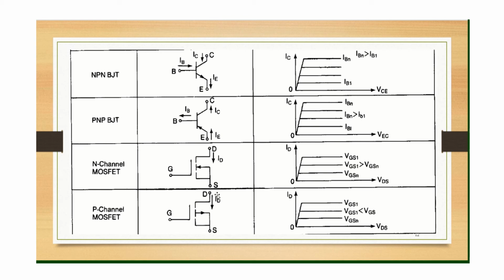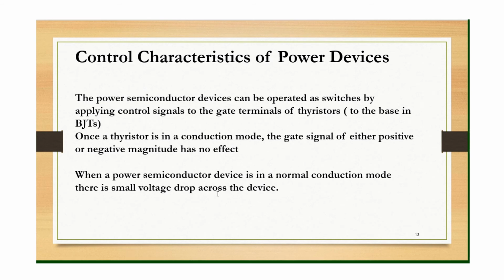So moving on, control characteristics of power diodes. That means how to control these devices. There has to be some signal to turn off or turn on these devices, right? The power semiconductor devices can be operated as switches, as I had told in the previous session.